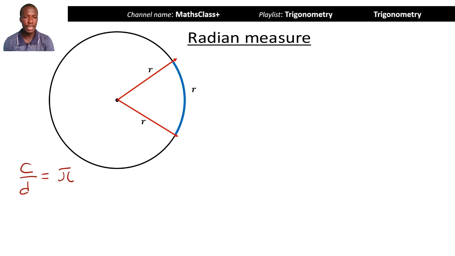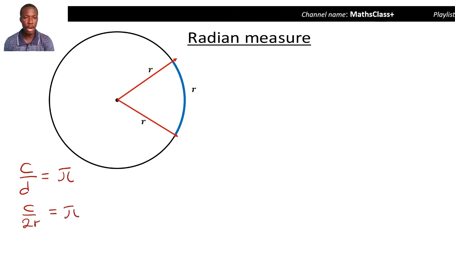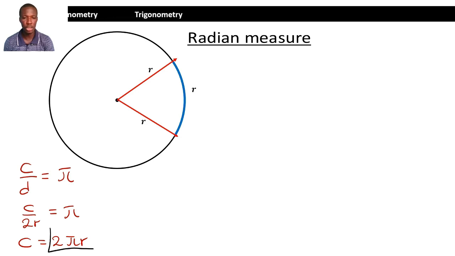Now, diameter is 2 times the radius, and so this expression can be written as C over 2r is equal to pi, where 2r means the diameter. If I make C the subject, I multiply through by the LCM, which gives C equals 2 pi r. And that is what we get in a complete revolution or in a circle.